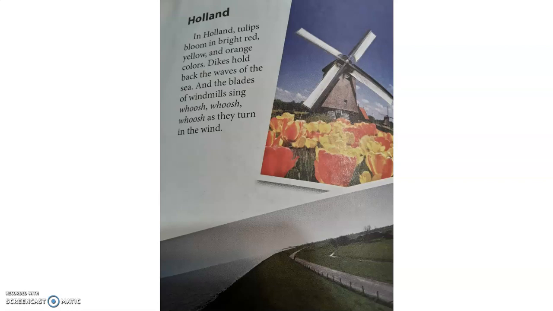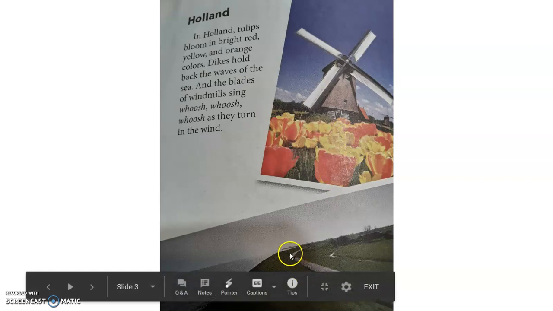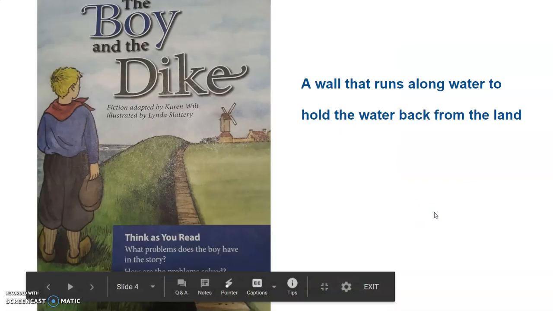Let's try. In Holland, tulips bloom in bright red, yellow, and orange colors. Dikes hold back the waves of the sea, and the blades of the windmills sing whoosh, whoosh, whoosh as they turn in the wind. Here is the dike right here. And I know my slide is going to get in my way, but right here, and you'll see it better in your story, and you'll see another picture of it on the title page right here.